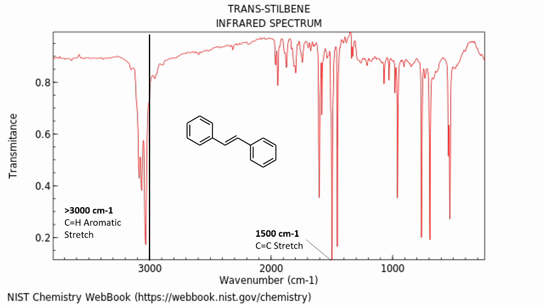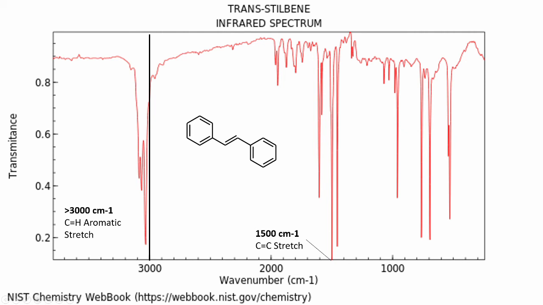If we look at only these two functional groups, what we should expect is to see, around the 1500 mark, the double-bonded carbon stretch, which we can see here. And then we see these large amounts of peaks towards the left of 3000.